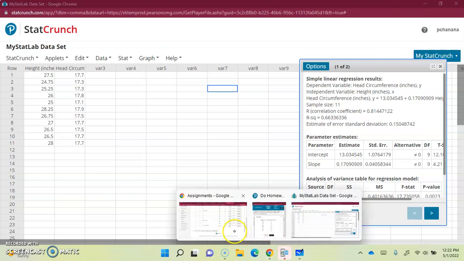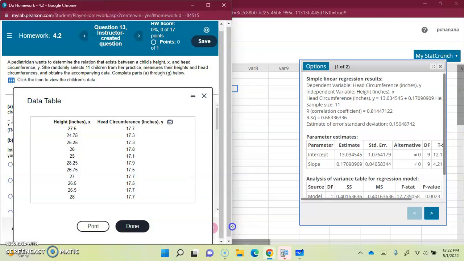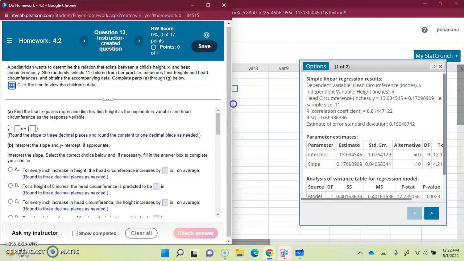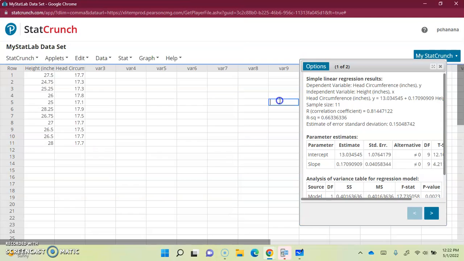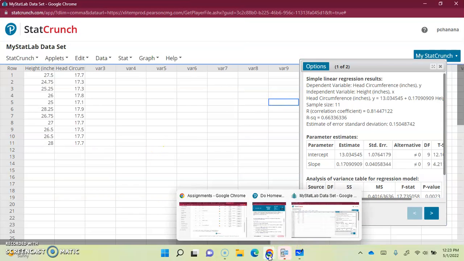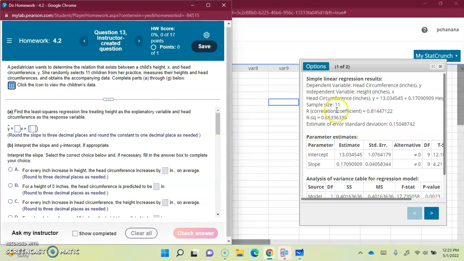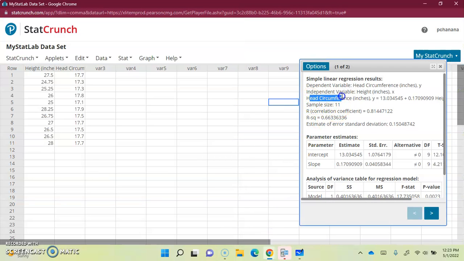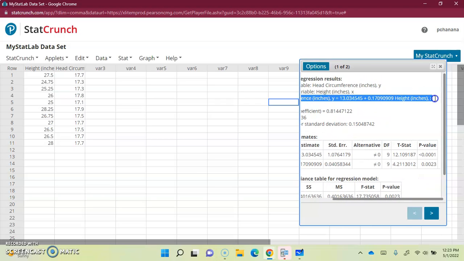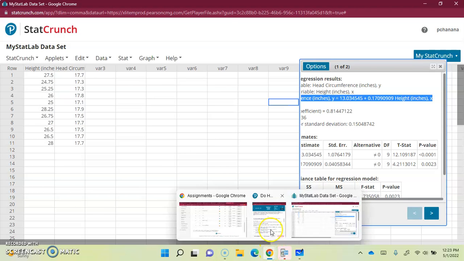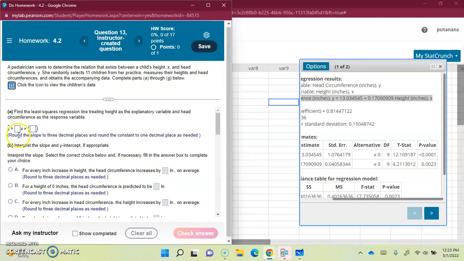Okay, let's go back to the question. Now here are the values. Head circumference y is equal to this times x. So when you look at your problem, you can enter the answers.